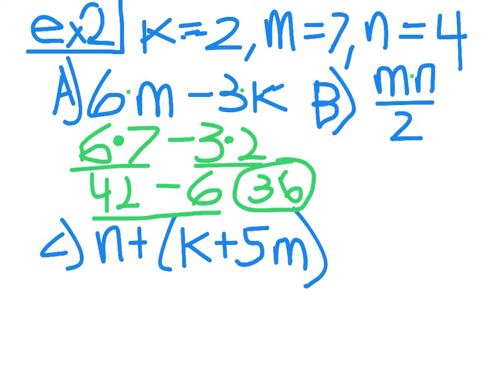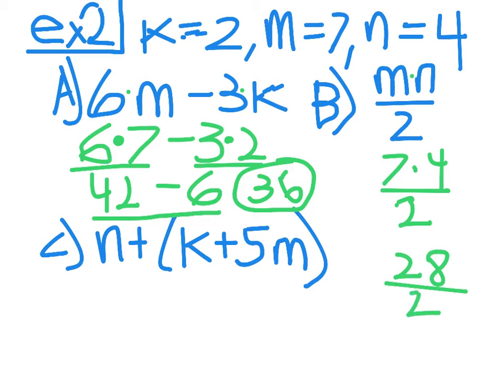So m is 7 times n, which is 4, and it's still dividing by 2. 7 times 4 is 28. And we're still dividing by 2, which gives us 28 divided by 2 is 14.